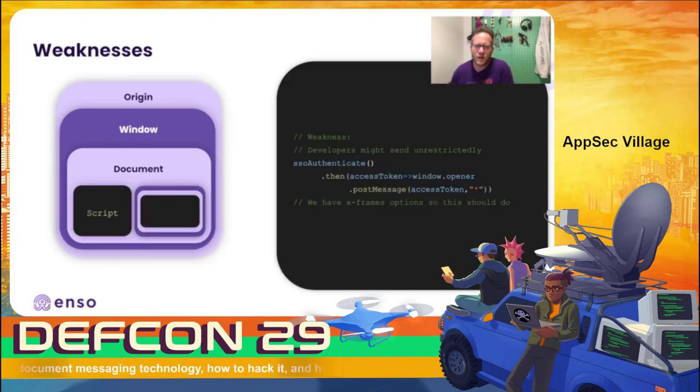The second weakness is that in some cases, developers might be under the assumption that they are protected and send messages unrestrictedly to a wildcard. We need to spot these places and see if any sensitive data is sent to any origin.